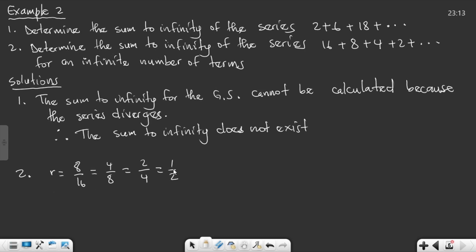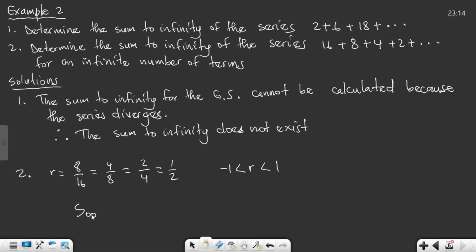So you can see already the value of r is 1 over 2, and this value is between -1 and 1. 1 over 2 is equal to 0.5. So you can see the geometric series is converging, and we can calculate the sum to infinity. So the formula will be this one.